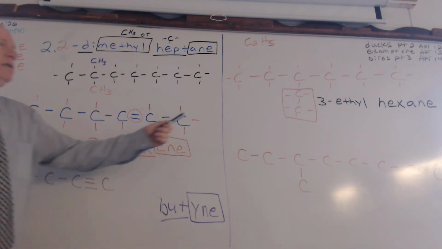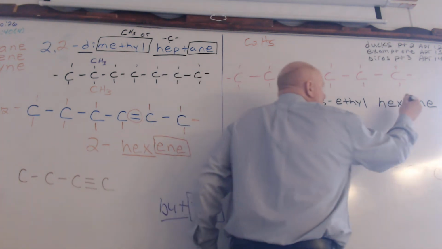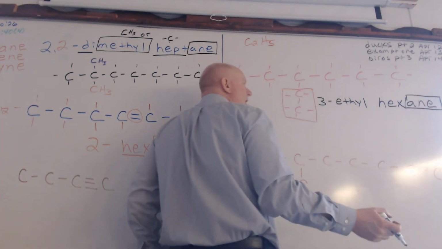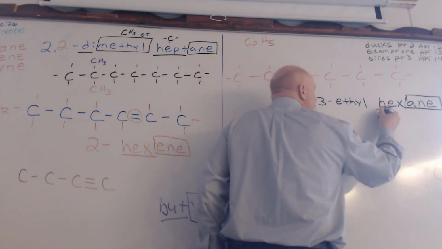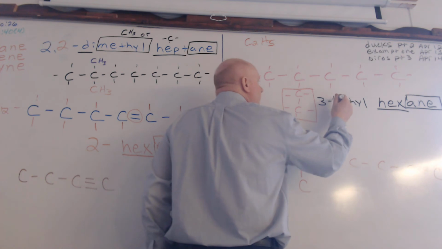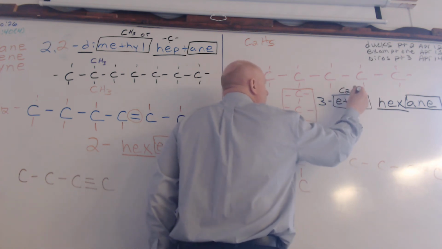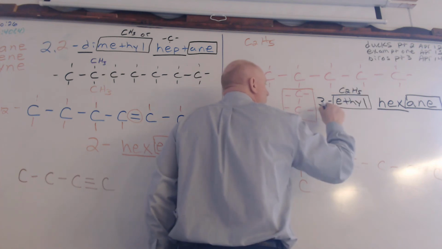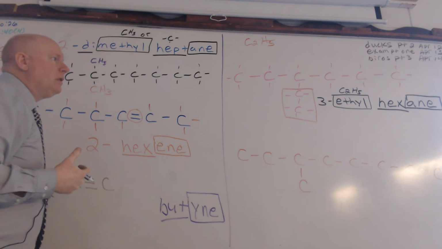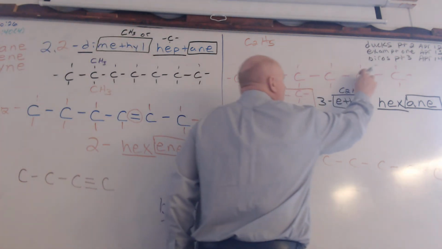Any questions on this? And again, you can work backwards. ANE means what? Everything's single bonded. It's an alkane. What does this tell you? There's 6 carbons. What does this tell you? C2H5. And then what does the 3 tell you? Where it's located. So 1, 2, 3, 4, 5, 6.